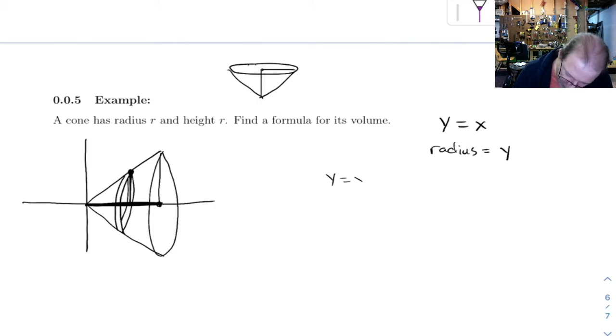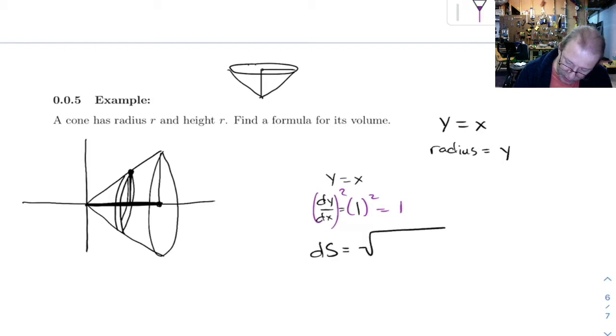All right, y equals x. If we take the derivative of this, we just get 1. And then if you start squaring that, you just get 1 out of it. So my ds is going to be 1 plus 1 dy. So ds is square root of 2 dy.